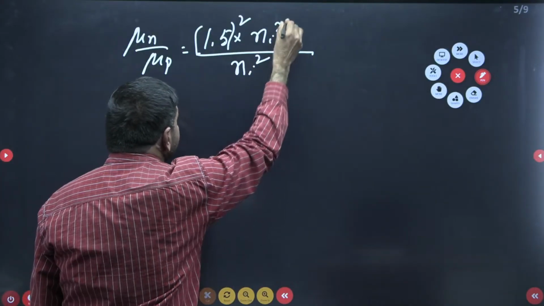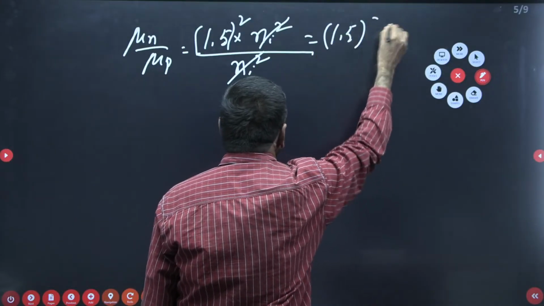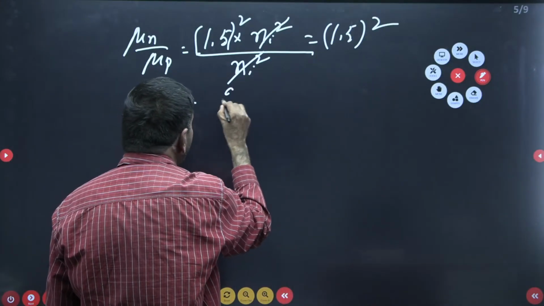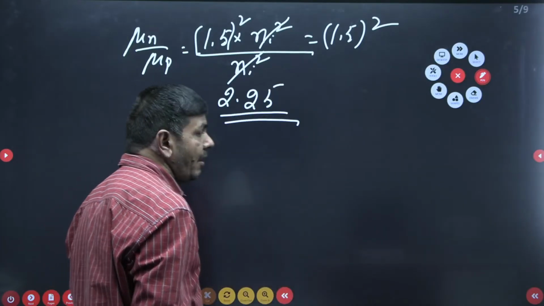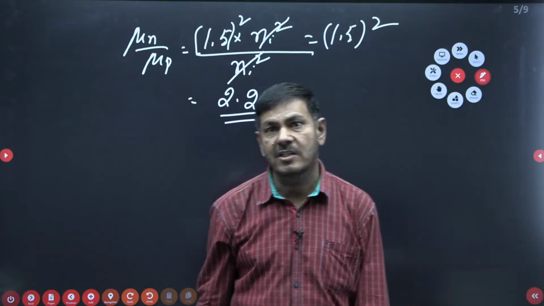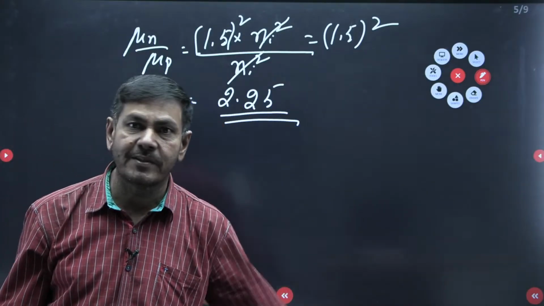I can cancel n_i squared and n_i squared. Finally, 1.5 whole squared I get, which is 2.25. That way, the ratio of mobility of electrons to the mobility of holes is calculated.